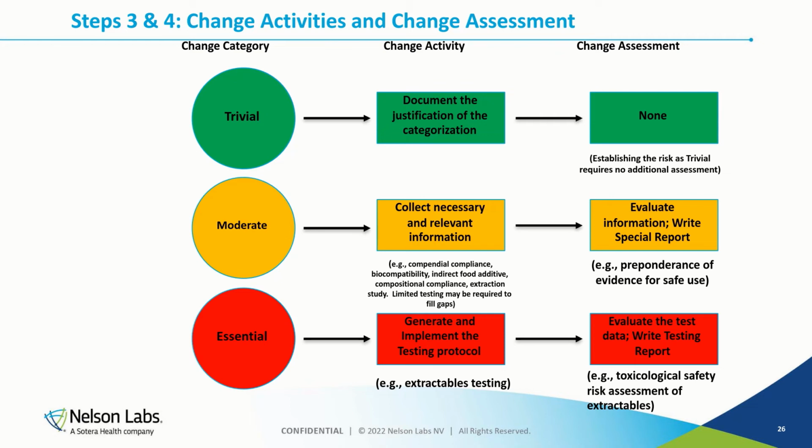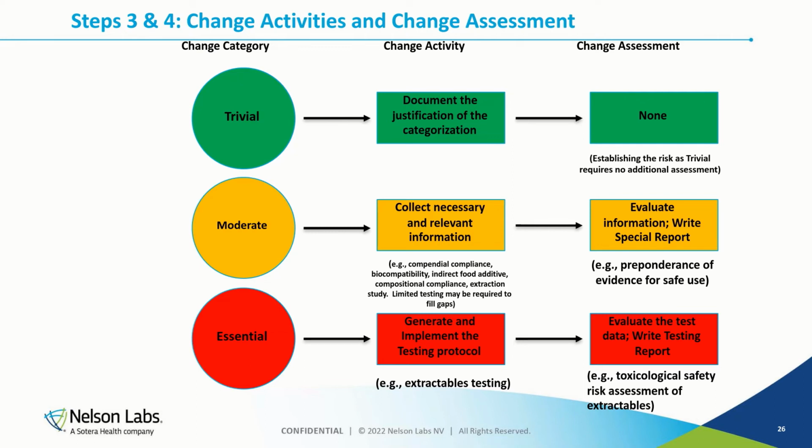I would suggest that before you immediately jump into extractables testing, which is generally long term and pretty expensive, you consider the possibility that you can manage that change by using relevant information. And what do I mean by relevant information? Let's say, for example, in the case of increasing the amount of antioxidant in polypropylene, you have a vendor.